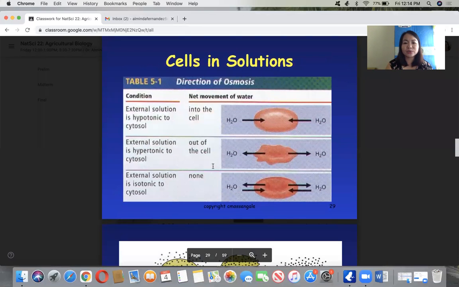So for cells in solutions with osmosis, if the external solution is hypotonic to the cytosol, the movement of water is going inside the cell. But if the external solution is hypertonic, the movement of water is outside the cell. And if it is isotonic, there is equal movement, no net movement at all.